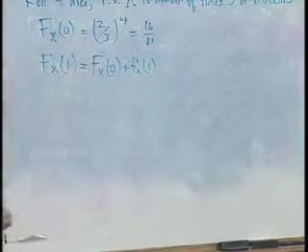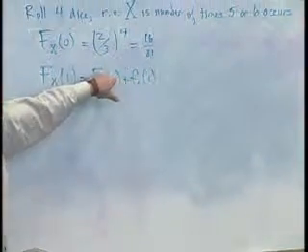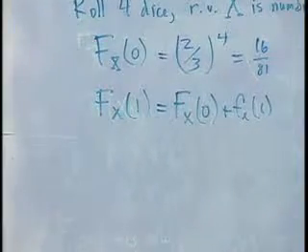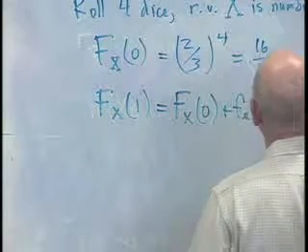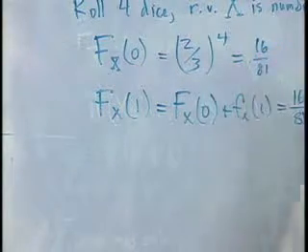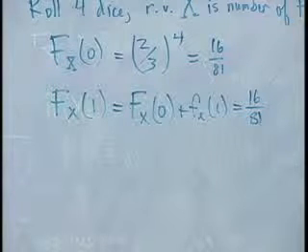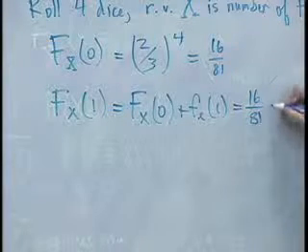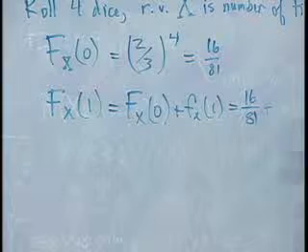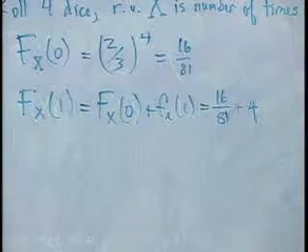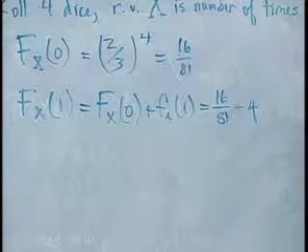So this is the best I can do. I take the probability of less than or equal to 0 and then add the probability of 1, and I've got less than or equal to 1. So this is the 16/81 that I already started with, plus the probability of getting precisely 1 5 or 6. There are 4 choices for the roll on which I get the 5 or 6.